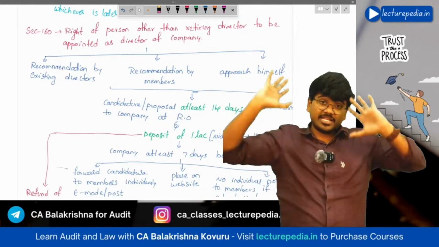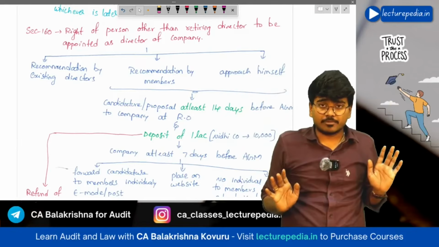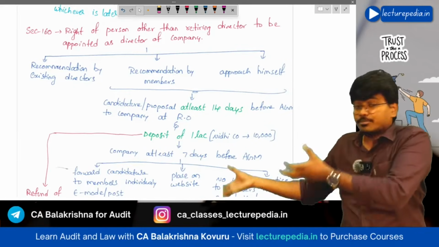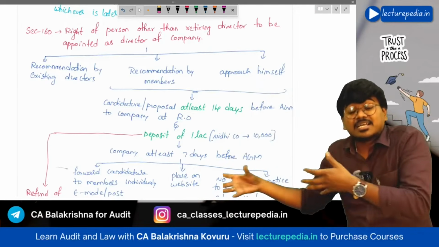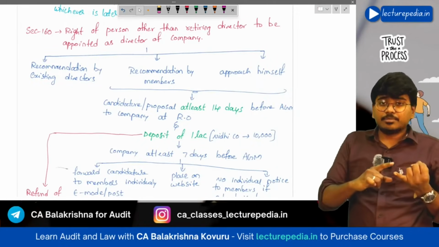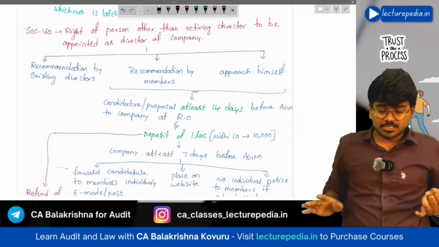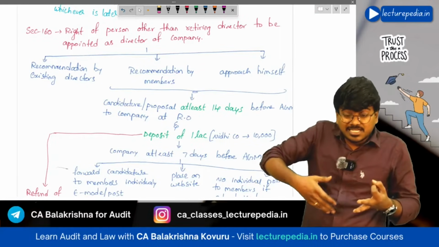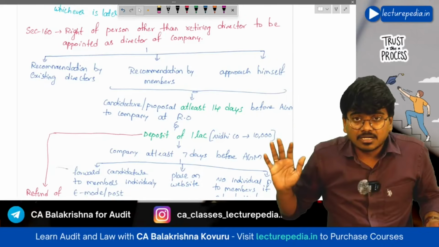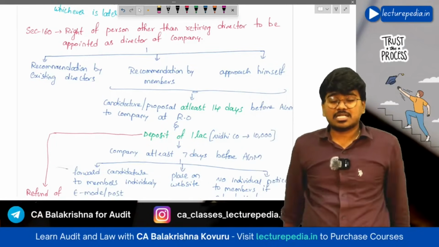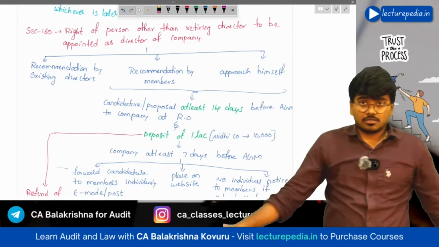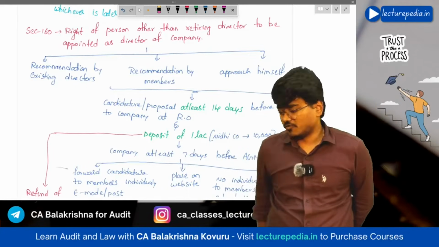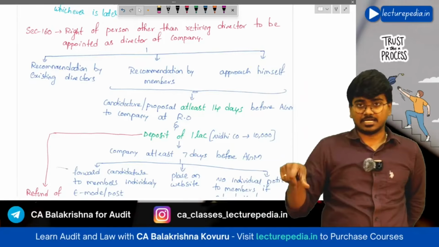The final appointment will be made by shareholders only, but the recommendation that this person is so good, this person can be appointed as a director, can be made either by the board of directors or by shareholders, or the person himself can approach the company and tell the company that I want to get appointed as a director of your company. So what is the procedure that I have to follow? So these are the three ways of identifying a person as a director.